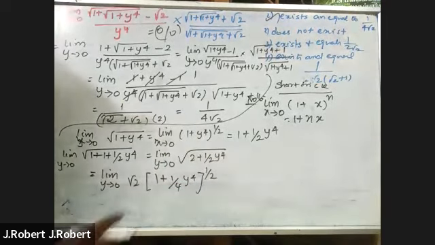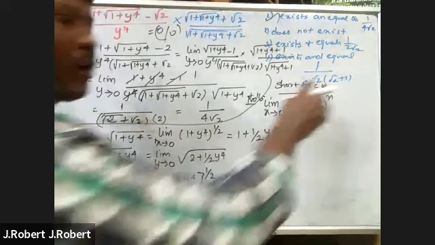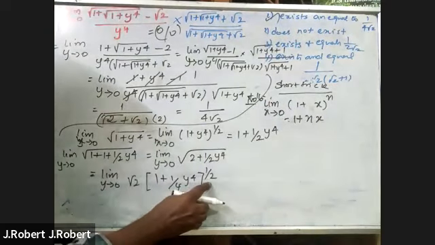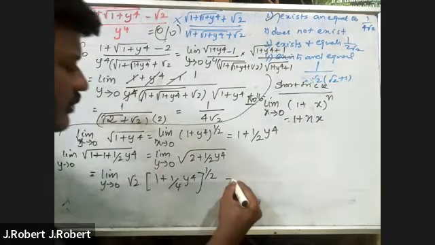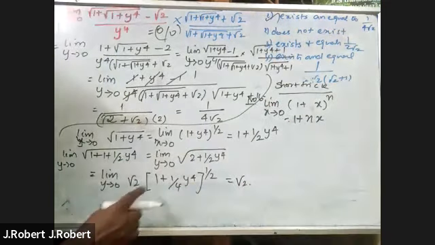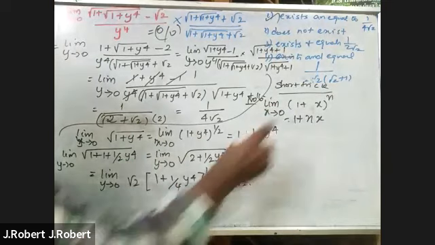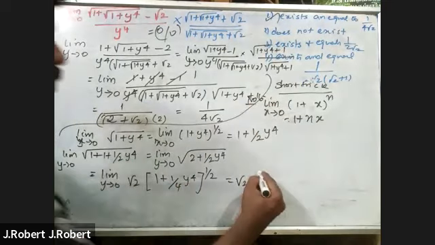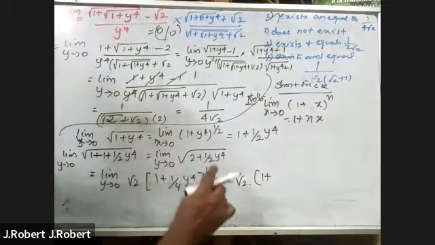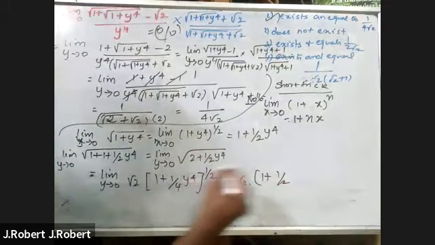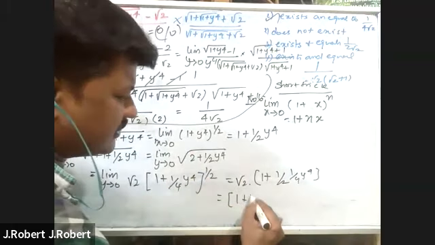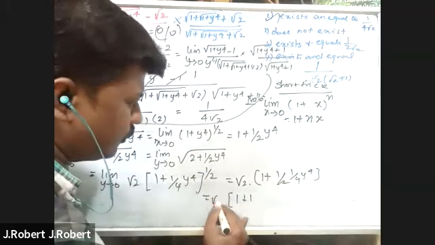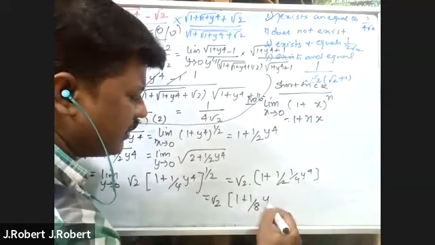The square root can be written as this whole power. This is also of the form (1 plus x) whole power n. Your n is 1 by 2 and your x is 1 by 4 y power 4. So this equals root 2 into (1 plus x) whole power n, which can be written as 1 plus nx: root 2 into 1 plus 1 by 8 y power 4.